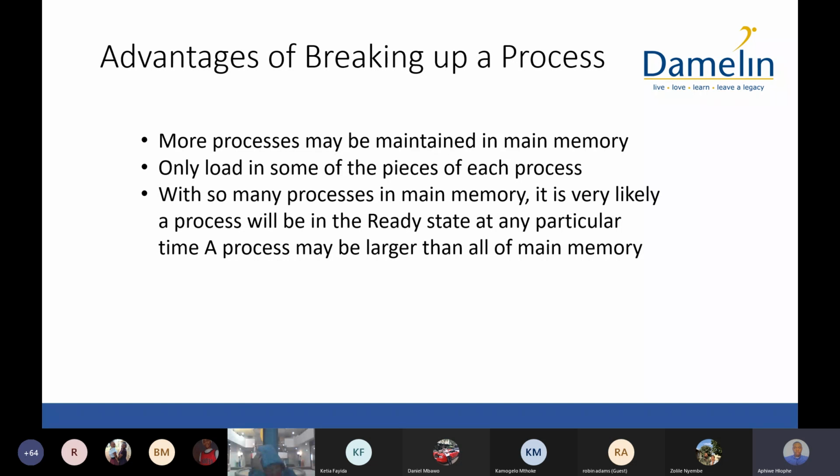Only load in some of the pieces of each process, okay? With so many processes in main memory, it is very likely a process will be in the ready state at a particular time. A process may be larger than all of main memory. So these are some of the reasons. A whole process can be larger than the whole main memory.